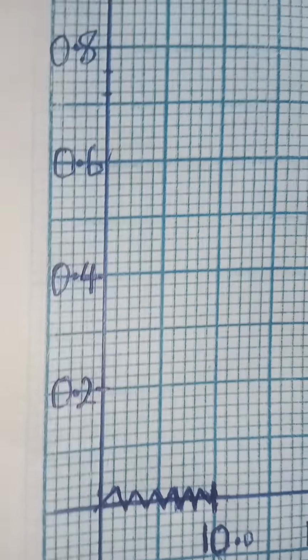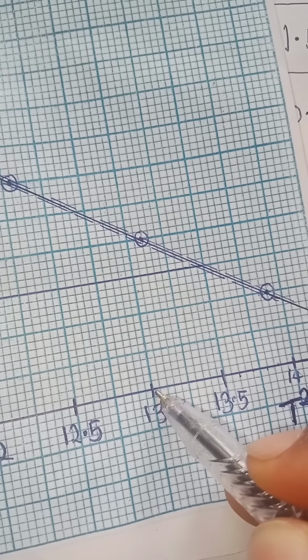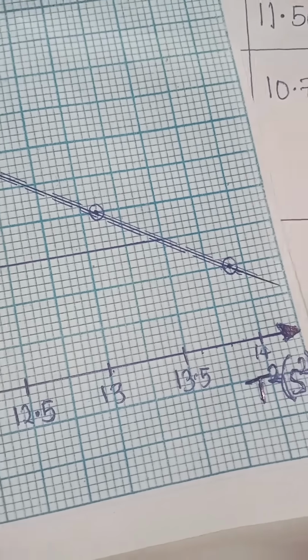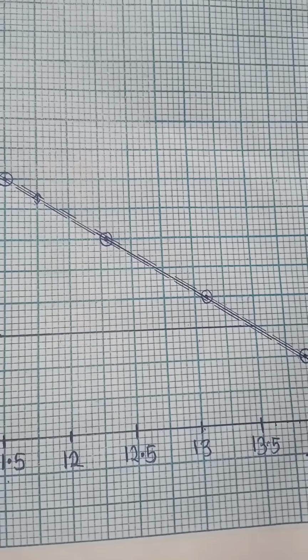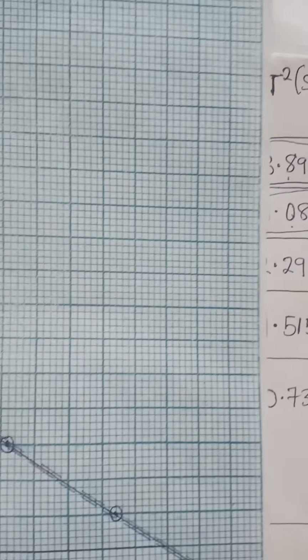Now the next one is 13.01. I am plotting 13.01 here against 0.4. So you have 13 point, this is 13.1, right? What I'm looking for is 13.1. We'll come to the graph.